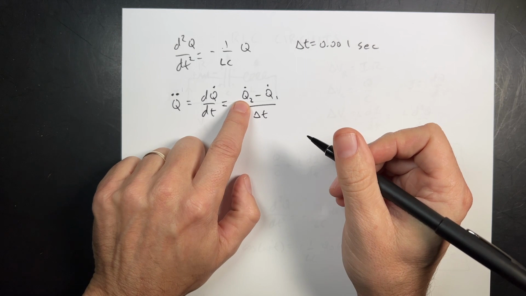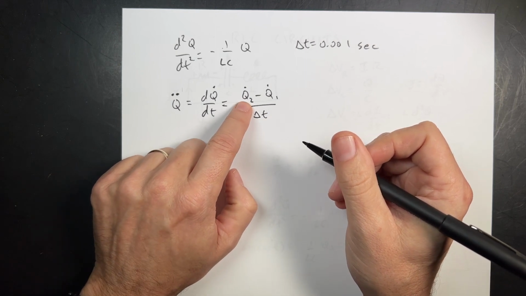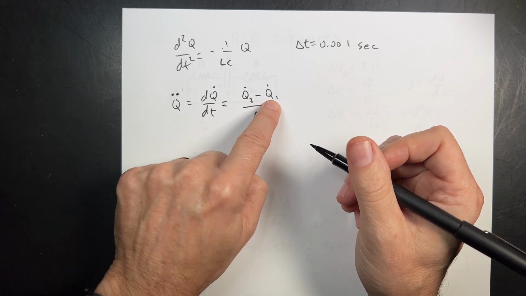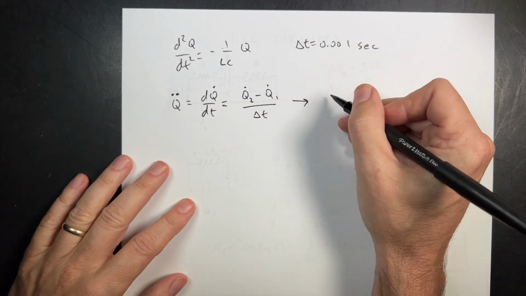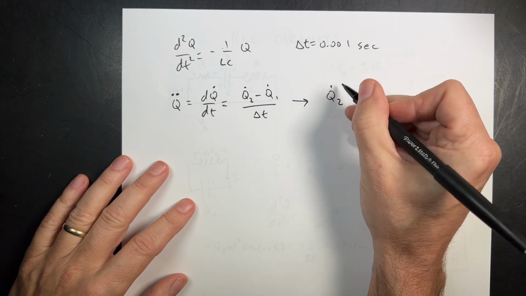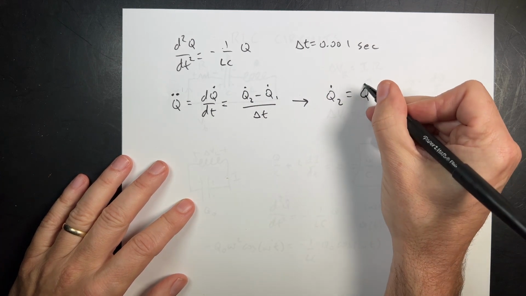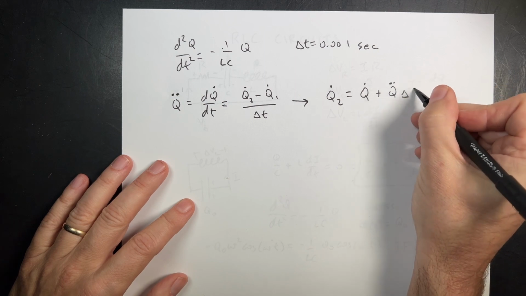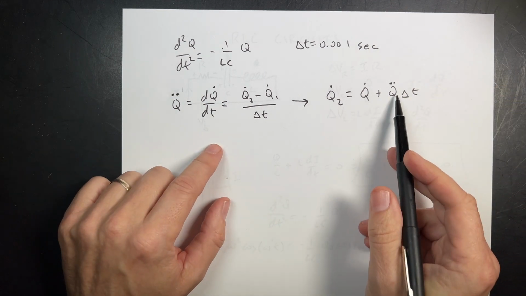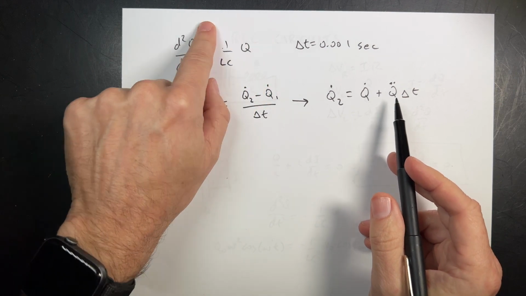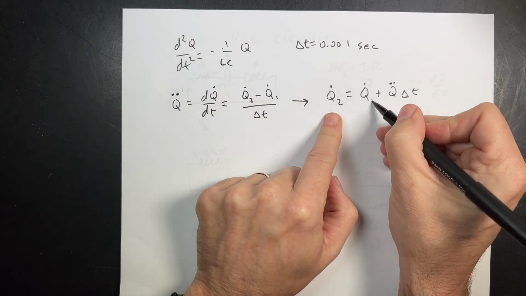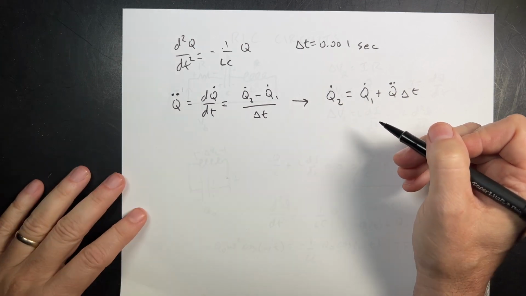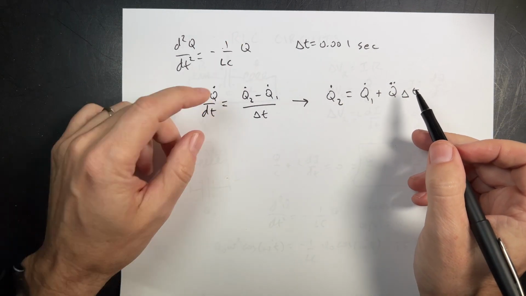So q dot, the first derivative of charge, is the current, at the end of the time interval and at the beginning of the time interval. If I solve this for q2 dot, q2 dot is q1 dot plus q double dot delta t. And so I can calculate q double dot from this, put it in here and calculate q2 dot, the current at the end of the time interval. So this assumed that the charge didn't change, which it did.